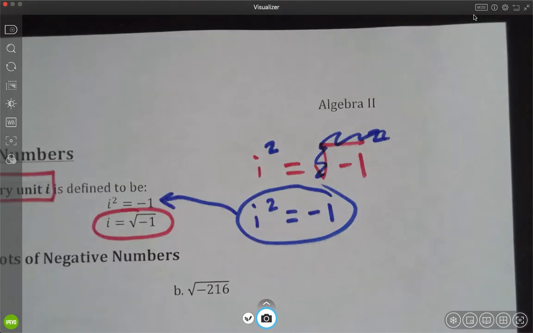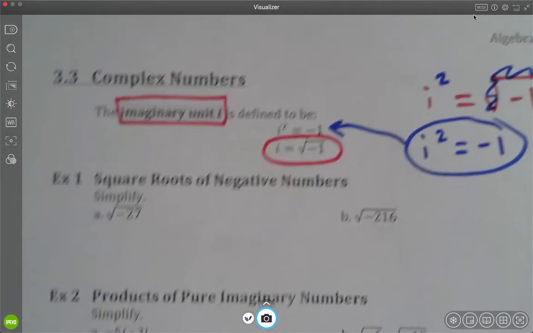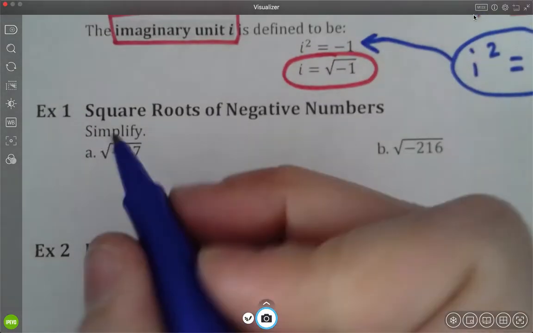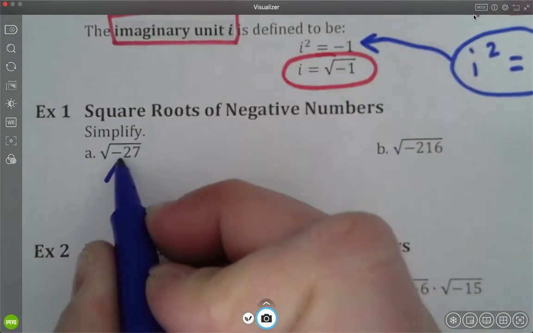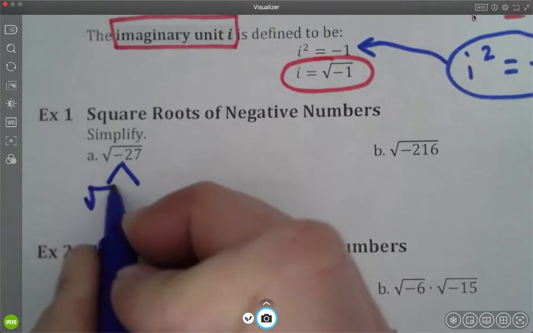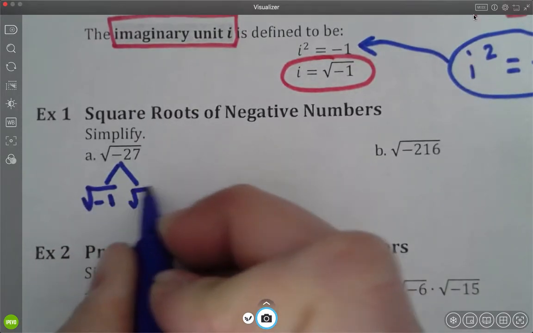So, starting out, they want us just to simplify these negative numbers, all right? Here we go. For part A, this guy right here, I'm going to break this piece down, and I don't like the negative that's associated with the 27. So I'm going to remove the negative away from the 27. I'm going to call this the square root of negative 1 times the square root of 27.